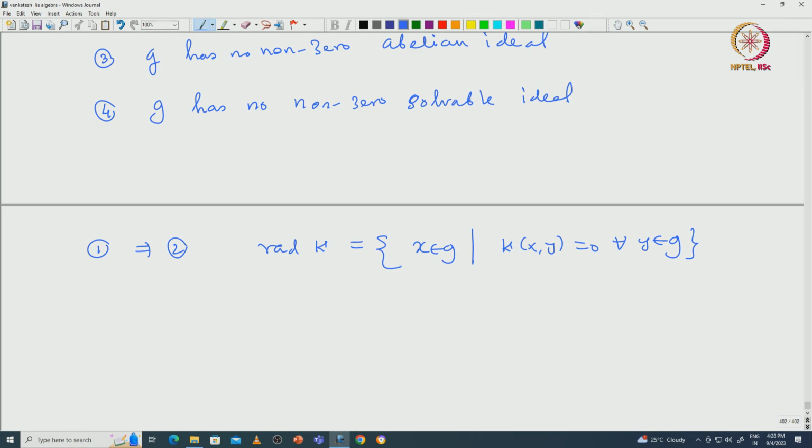So, using Cartan's first criterion of solubility, we can conclude that the radical of kappa must be soluble.